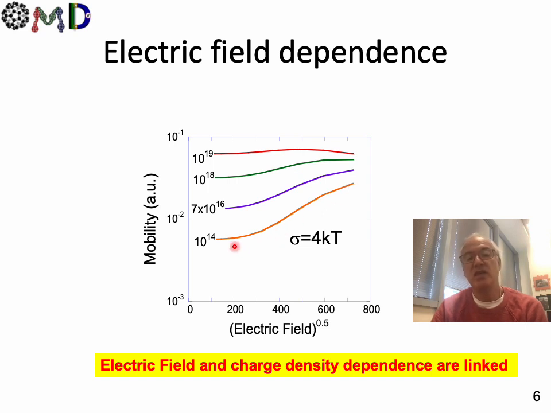The other thing we can see here is that there is an effect of the charge density as well, naturally, and the maximum mobility we can achieve is a given number. You can reach that maximum either through enhancing the charge density or through enhancing the electric field, and it depends on the sample or the device that you are using.